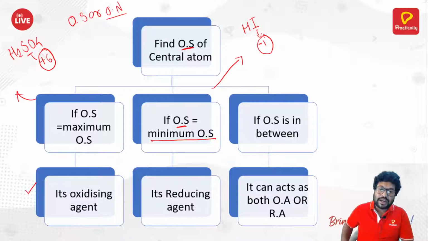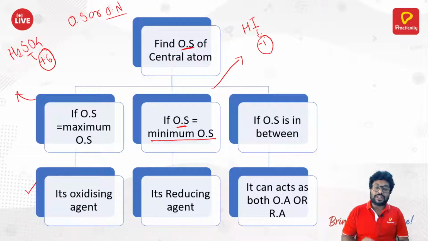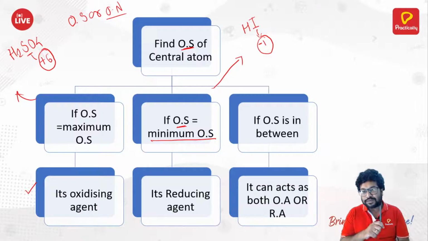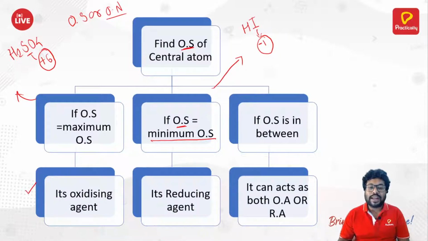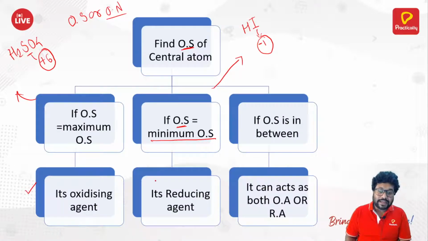Now -1 is iodine's minimum oxidation state. So iodine cannot go beyond -1. That means iodine cannot become -2 or -3. So from -1, it can only become 0, or it can only go to +1, +2. And in doing so, it will only get oxidized. If it only gets oxidized in that way, that means it can act as a reducing agent. And that is how HI can act as a reducing agent.